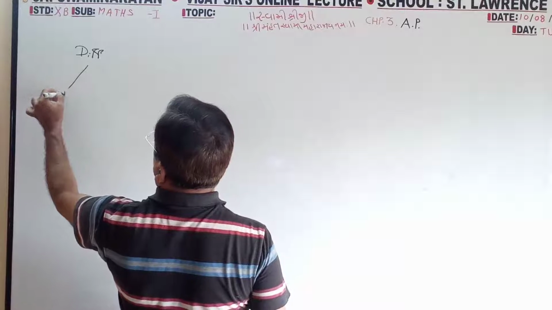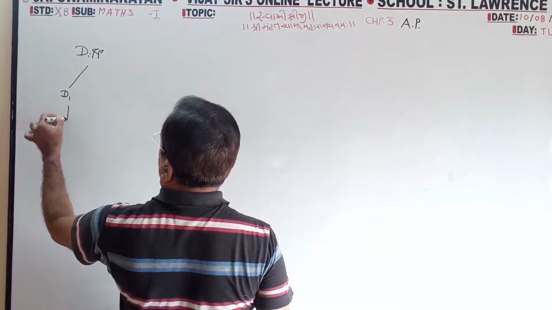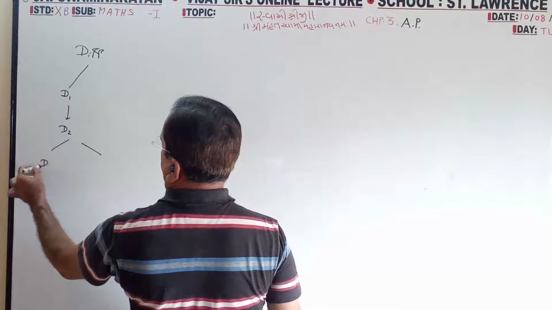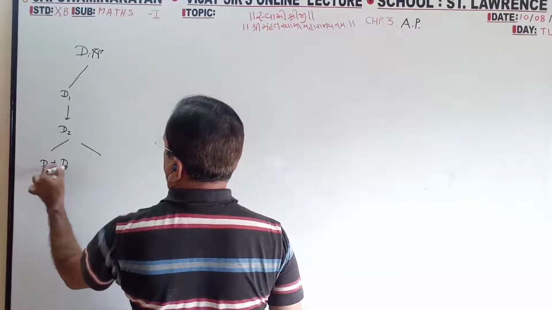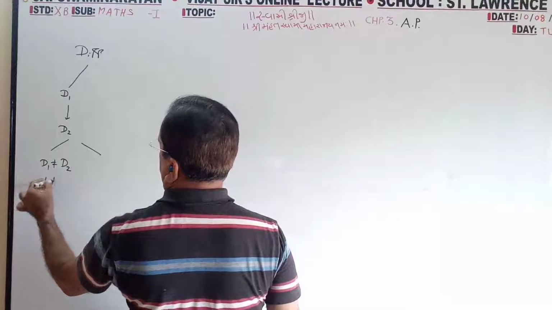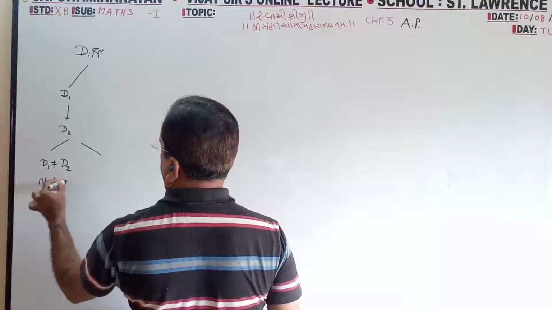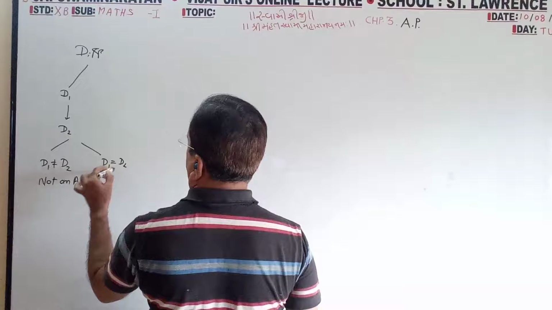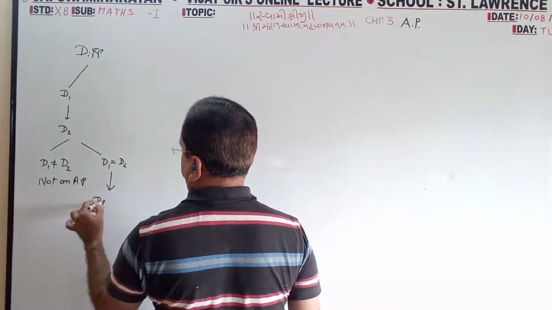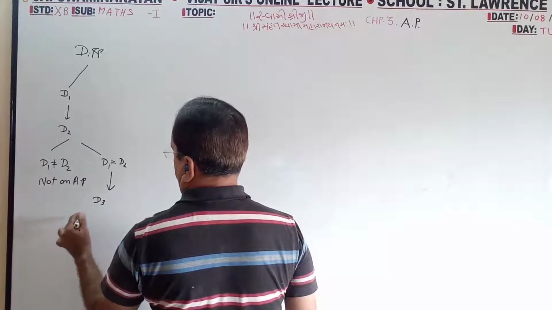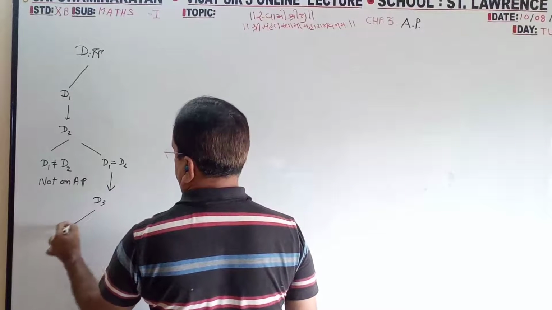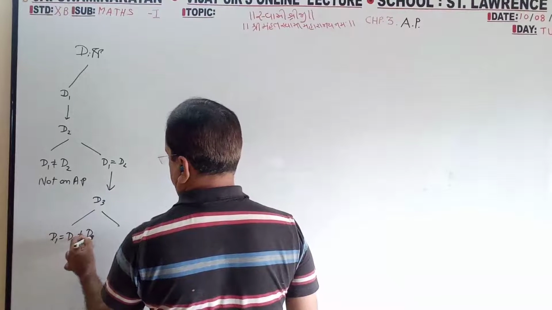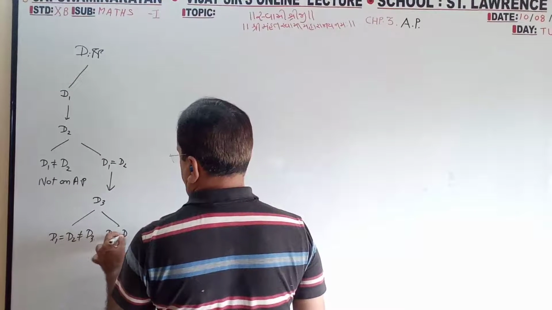First find D1, then find D2. If D1 is not equal to D2, stop. Not an AP. If D1 is equal to D2, then find D3. Then again two cases: D1 equals D2 but not equal to D3, or D1 equals D2 equals D3.